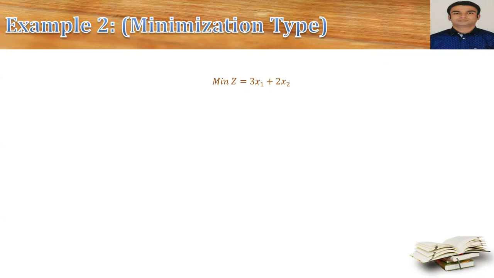Here our problem is minimize Z equals 3x1 plus 2x2, subject to 5x1 plus x2 is greater than or equal to 10, x1 plus x2 is greater than or equal to 6, x1 plus 4x2 is greater than or equal to 12, and x1 and x2 are greater than or equal to 0. This is our problem. Here there are only two variables, x1 and x2, so the graphical method is applied here.